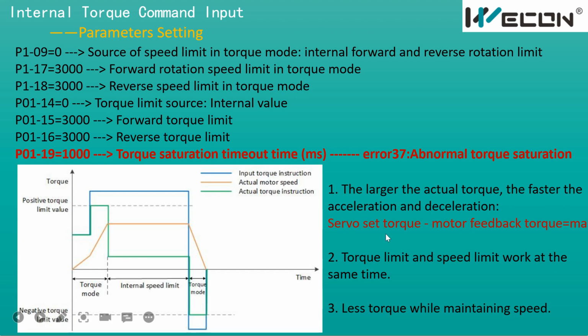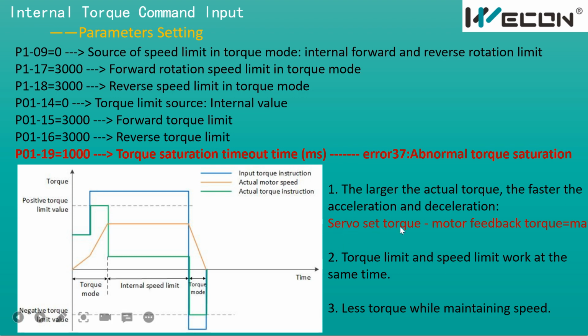Look at this relationship. If our servo set torque is bigger than the motor feedback torque, the motor will do an accelerating rotation.